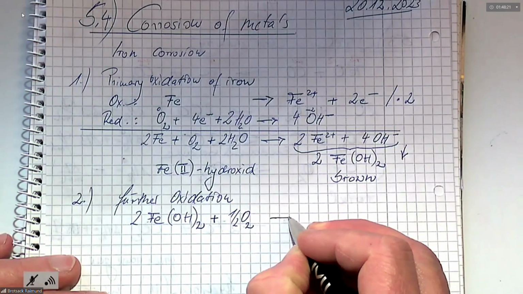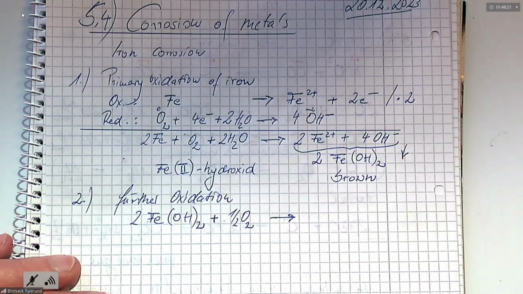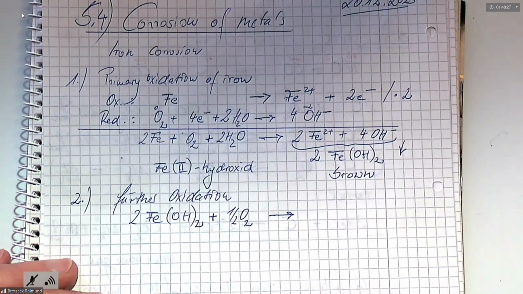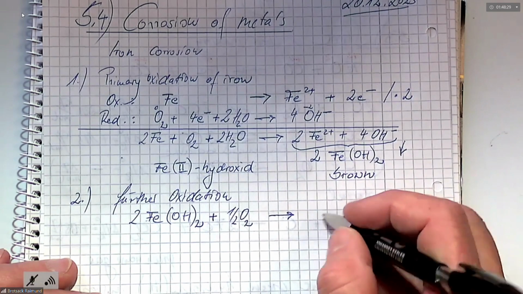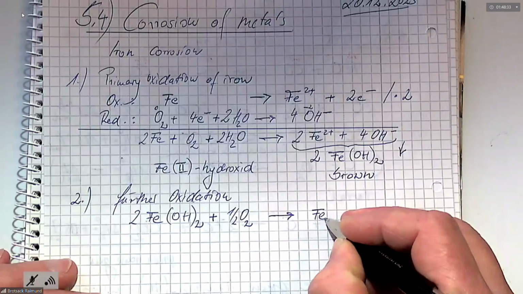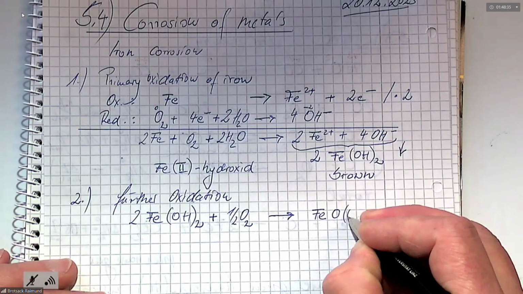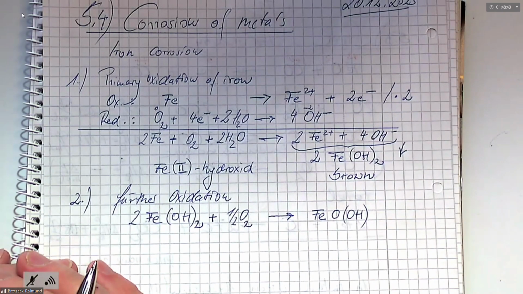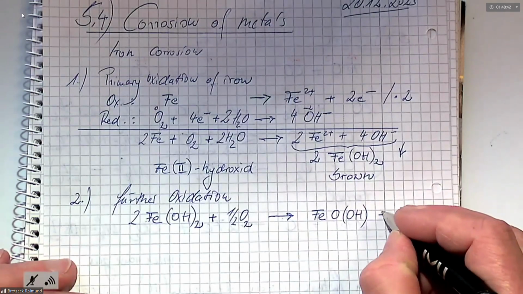It can be transformed into an oxide of iron 3, not a mixed one, sorry. And we have the iron OH. And water is created.